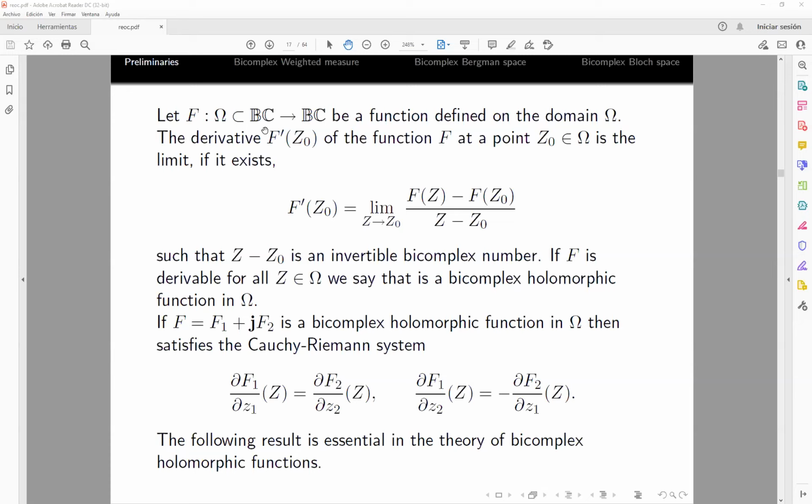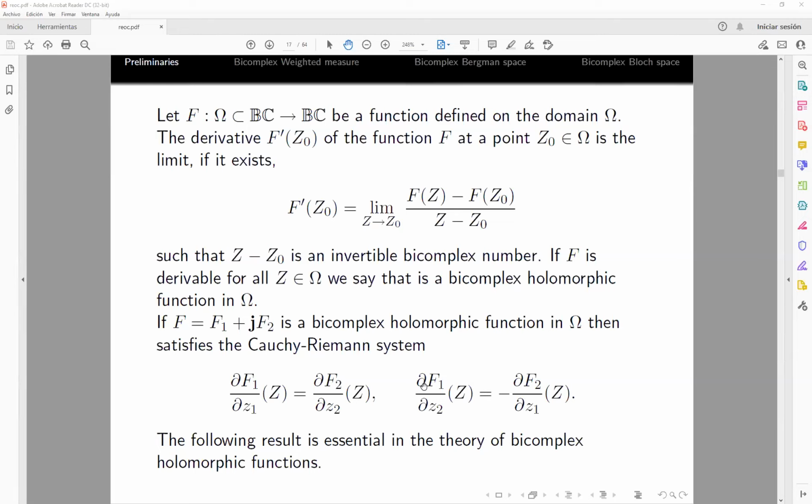Of course, bicomplex numbers are a subset of R4 with some special operations, okay? And in particular, with this definition, we can see that if F is a bicomplex holomorphic function, then it satisfies the Cauchy-Riemann system.